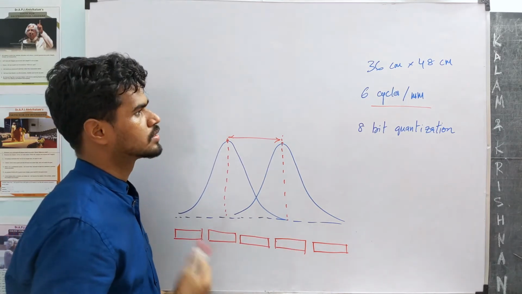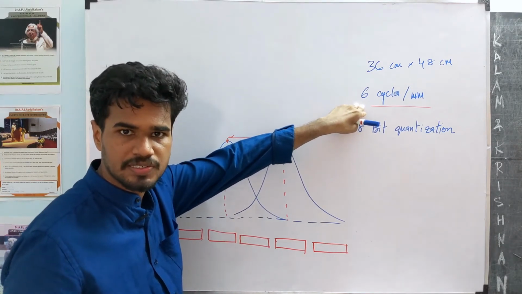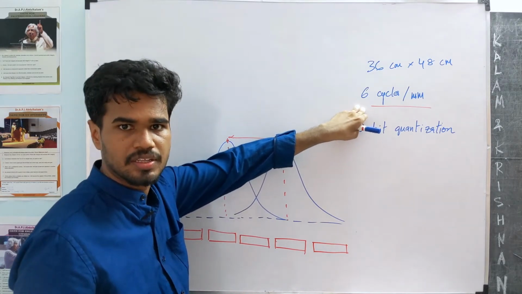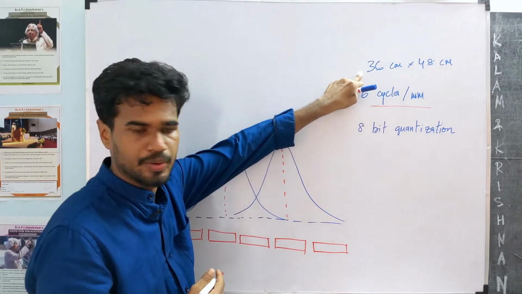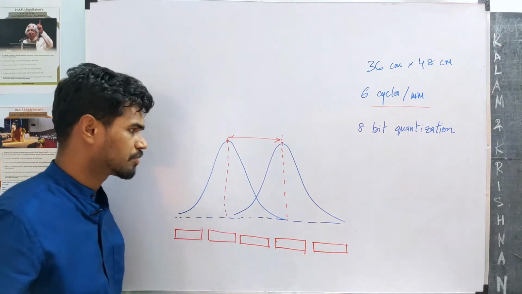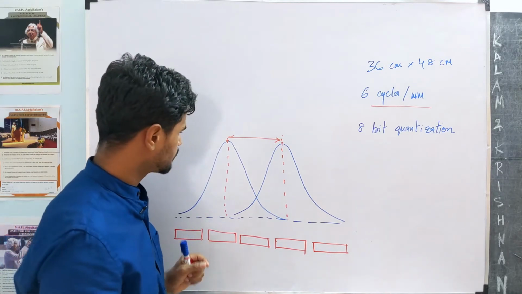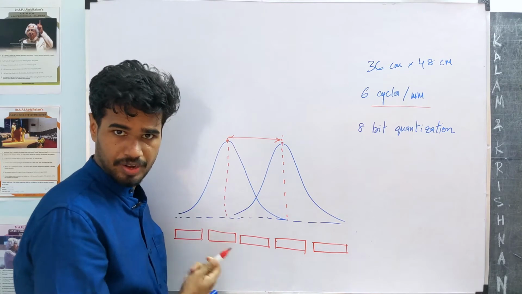Given this, if we relate it to the number of pixels needed for this resolution, we can find the data size based on the size of the radiograph. How do you find the number of pixels? Let me make this very informal. For this peak, we need 1 pixel, right?